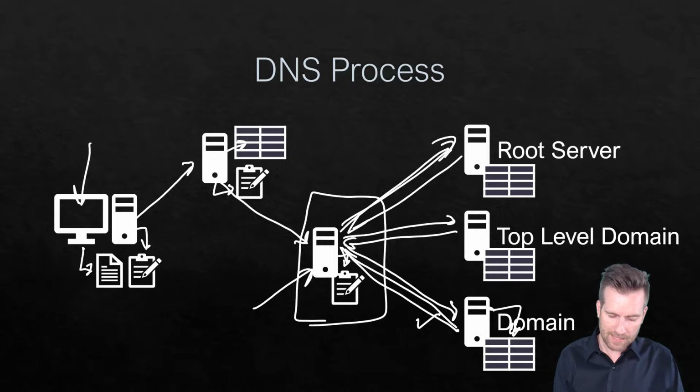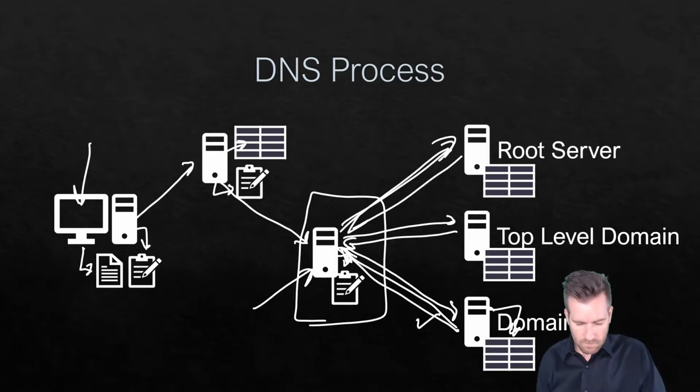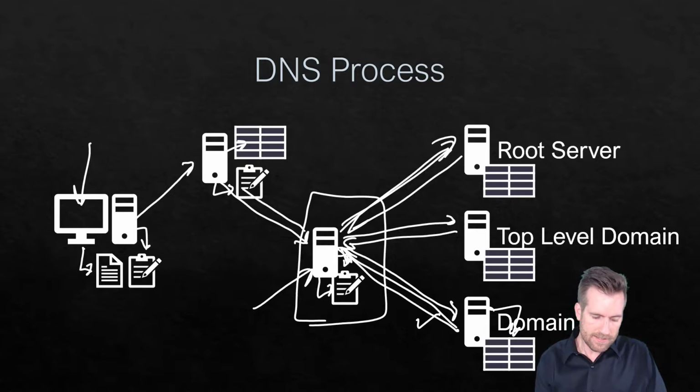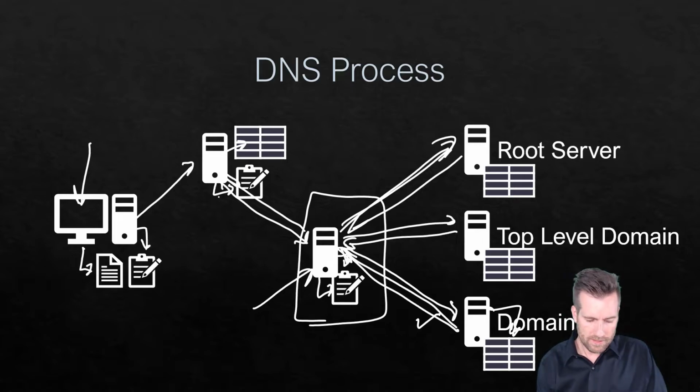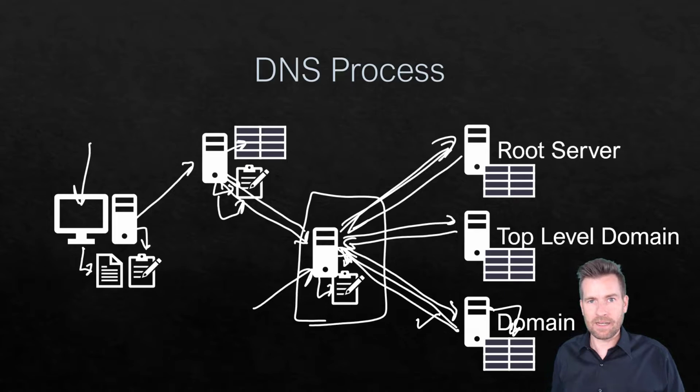That makes it back to this server. The server sticks it in cache for any other customers that are accessing it as well. Sends it back to the company DNS server, which sticks it in this cache for anybody else inside the company that is looking for the same thing.